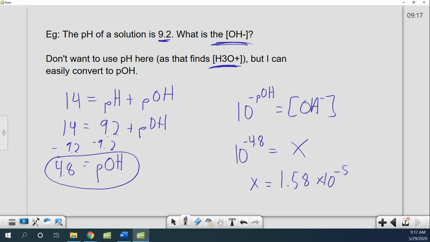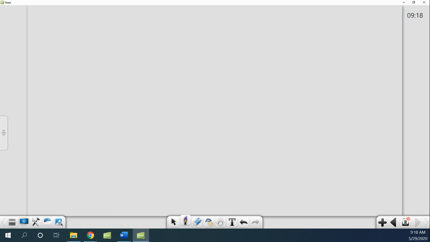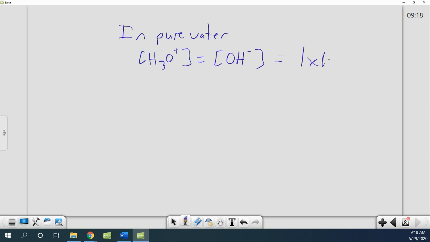Now, one last thing I want to talk to you guys about is how to double check these really quick. So neutral, right? Water. Let's make a new slide. In pure water, concentration of hydronium is the same as concentration of hydroxide, and they're both 1 times 10 to the negative 7.